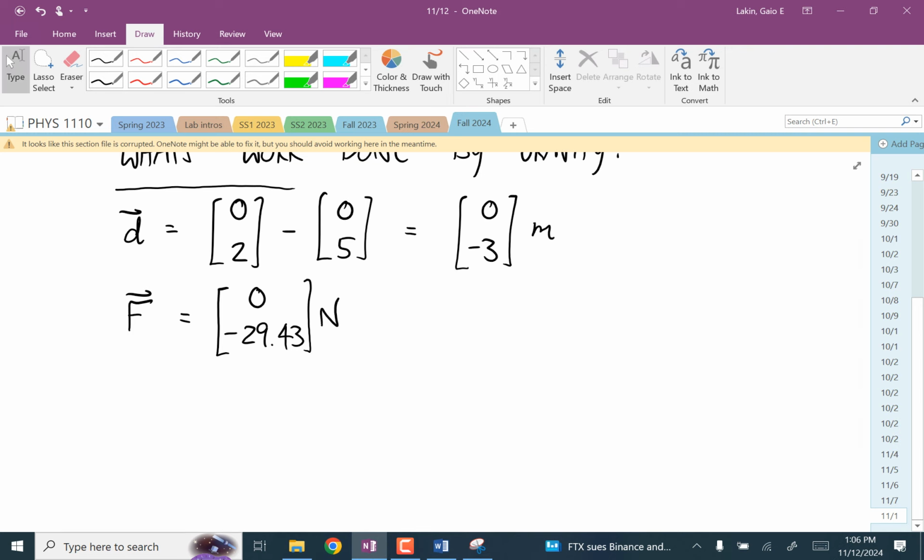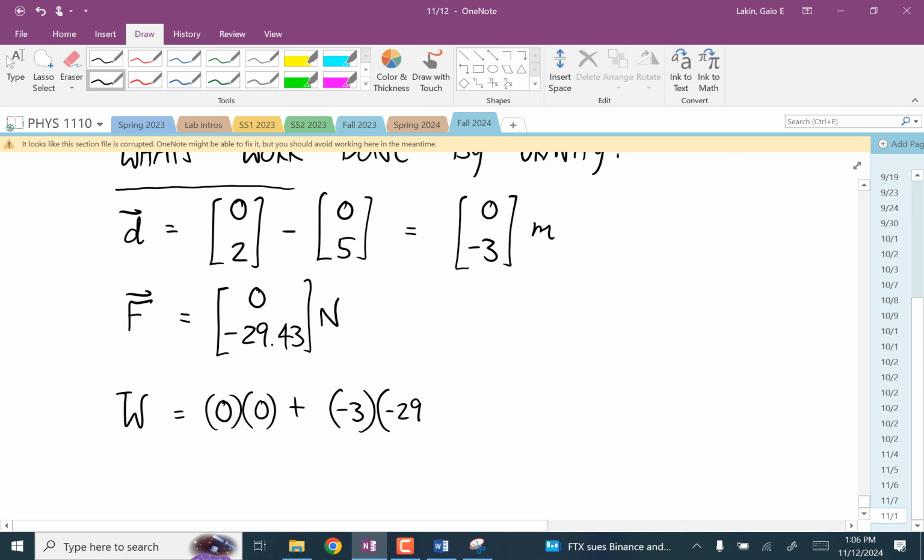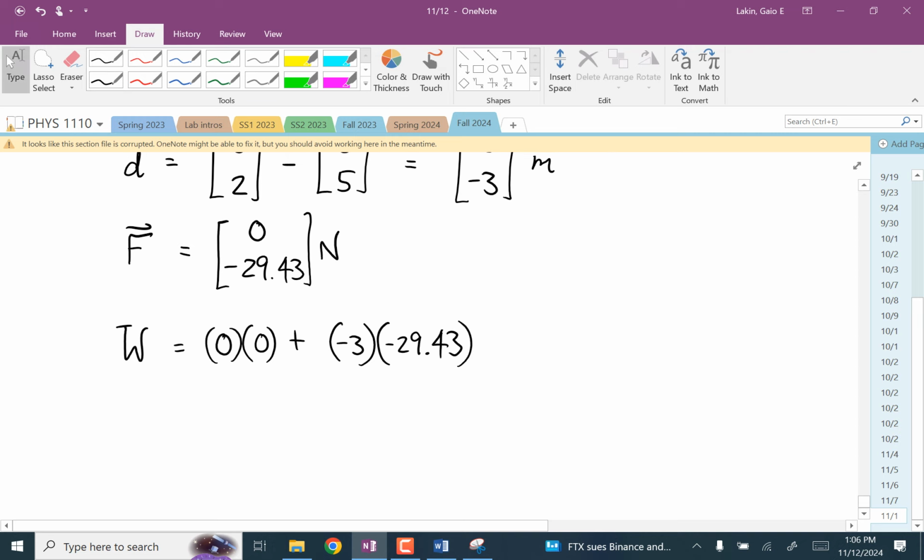And so the work done by gravity is 0 times 0 plus -3 times -29.43. And so the work is equal to, let's see, what's that? 3, 9.